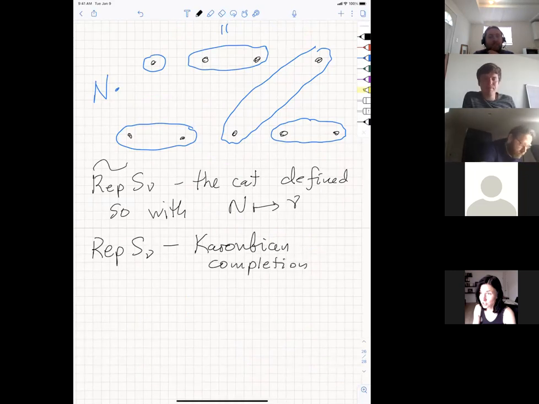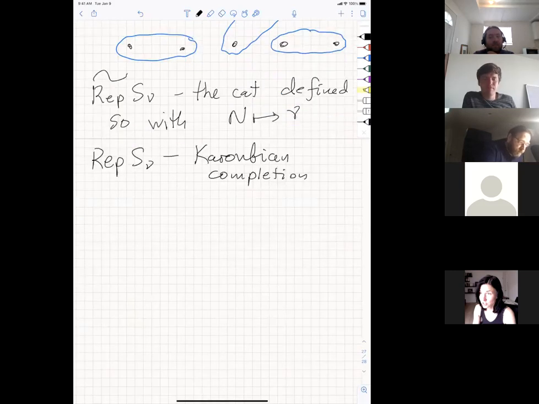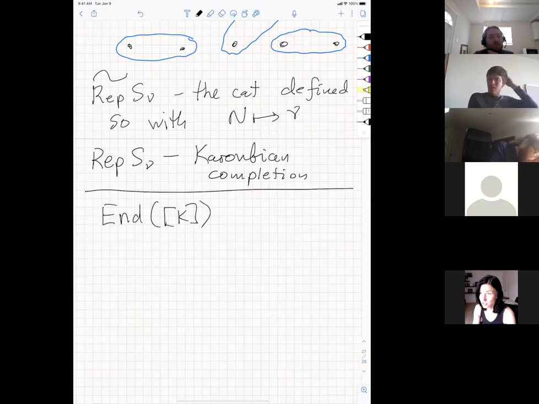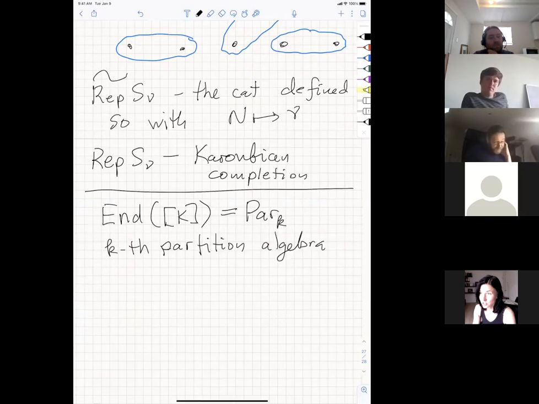Then, to understand the structure, I should consider endomorphisms of P of K, and this is called the partition algebra P K. The basis is the set partitions of the set of 2K elements, and some funny multiplication.